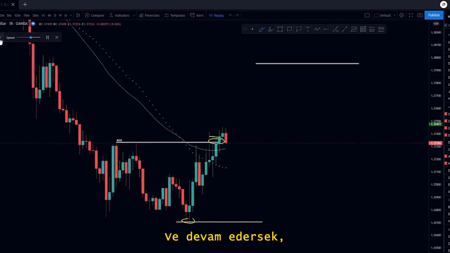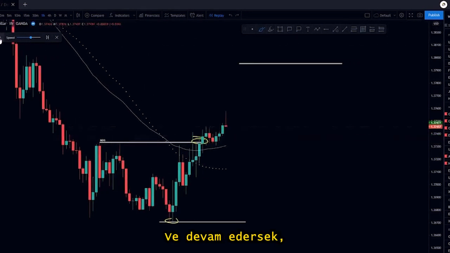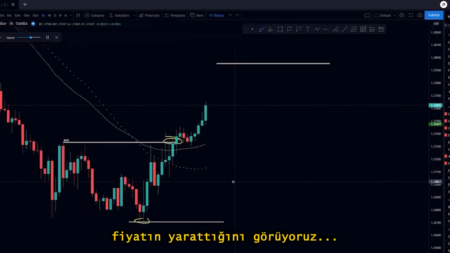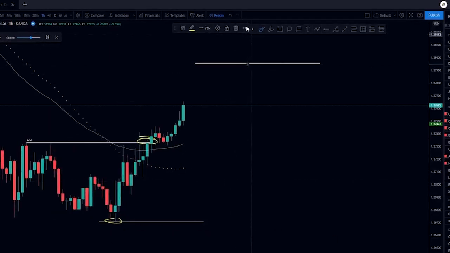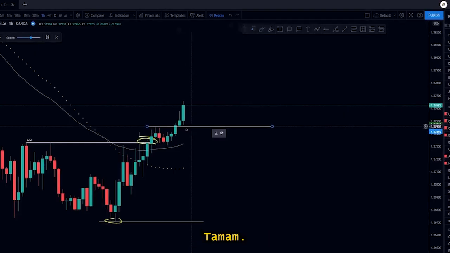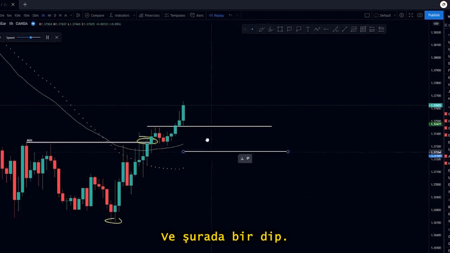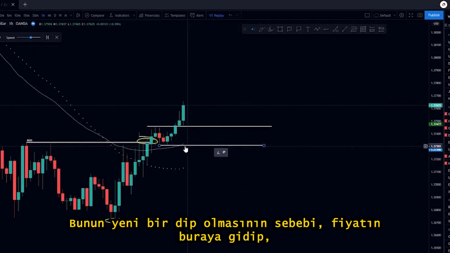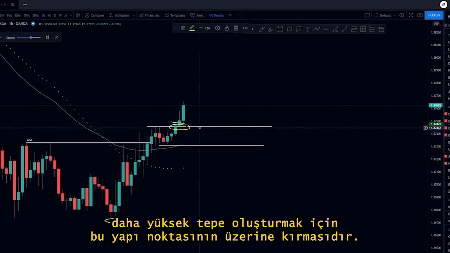Okay. And if we continue, we see price creating a new set of highs here, right? With a low over here. And the reason why this then becomes a new low is because price went here, broke above this point of structure to create a higher high.